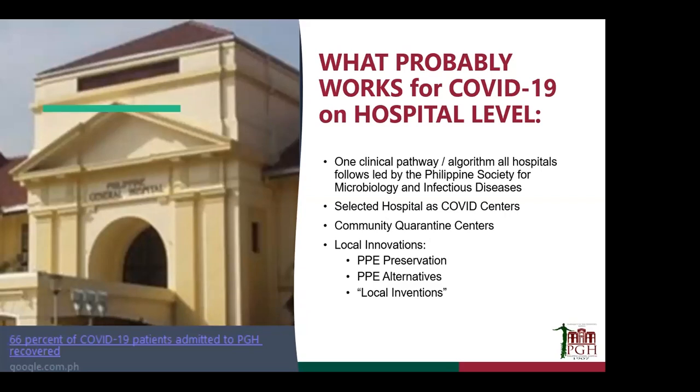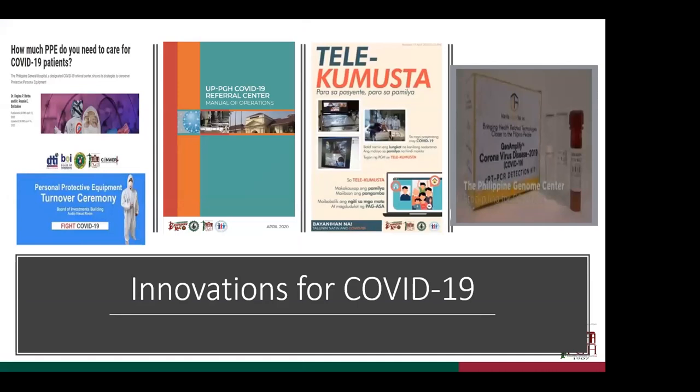And over the past several weeks, we've had many innovations that came out from us being a referral center. So we've been working on alternative options for the personal protective equipment. We have the Telekumusta. This is a way of allowing communication between the family and the patient who are in the isolation areas.